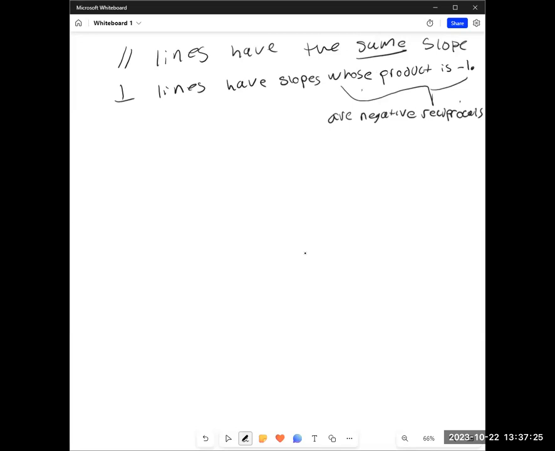Okay, so let's give an example here. Let's look at y equals 3x plus 2, and I want to find a line parallel to that at the point (1, 10), which is a point that's not on that line.